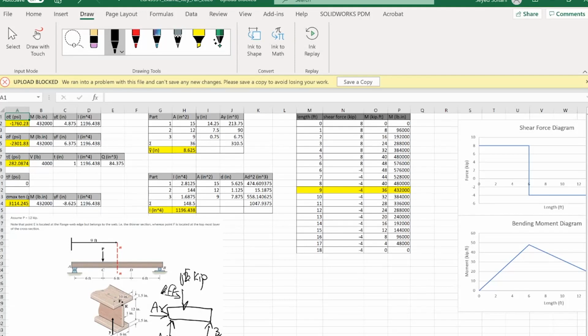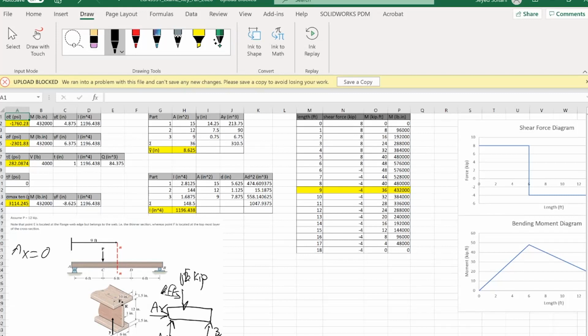Almost everyone got the correct answer for this one, so I don't think it's necessary to spend more time. Balance of forces along the X direction gives you AX equal to 0.